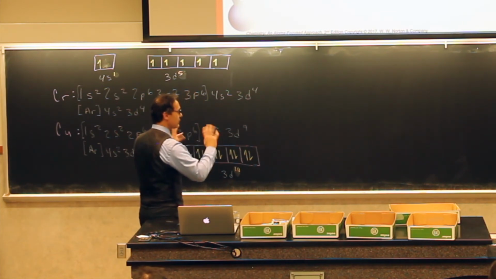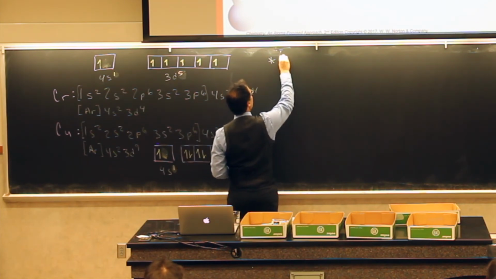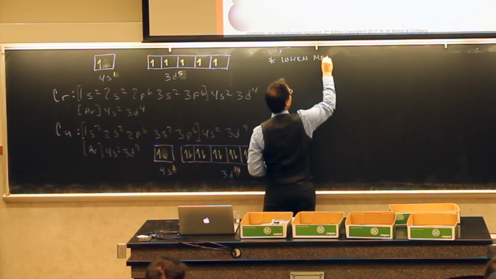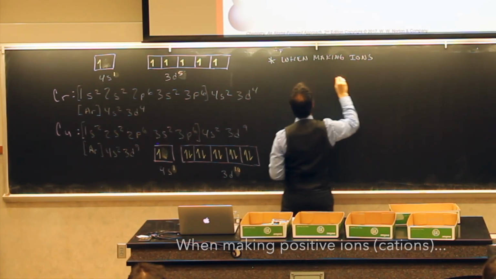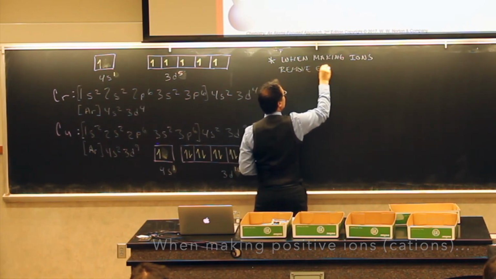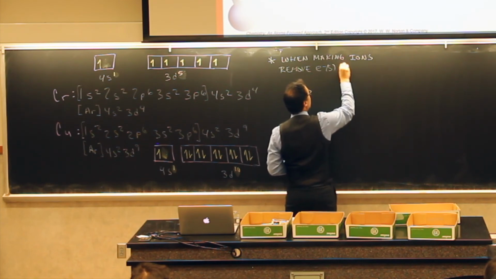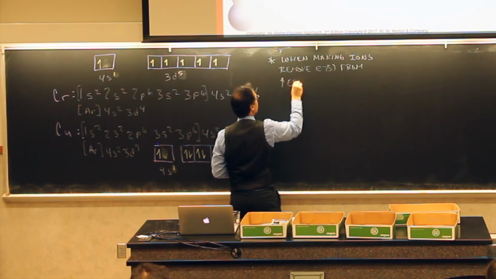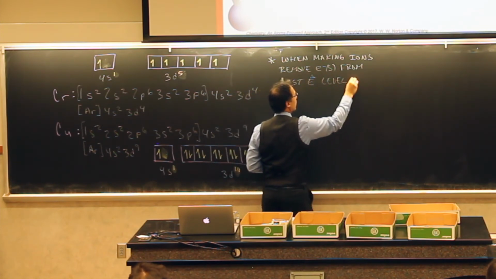Note to self: when making ions, remove electrons, might be one, might be several, from the highest energy level first.